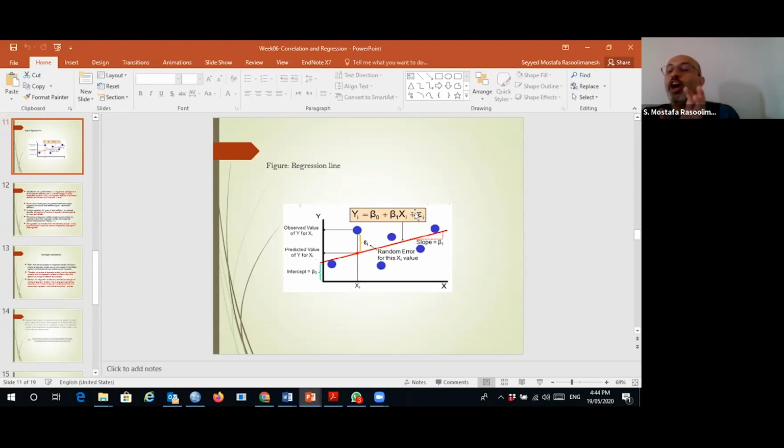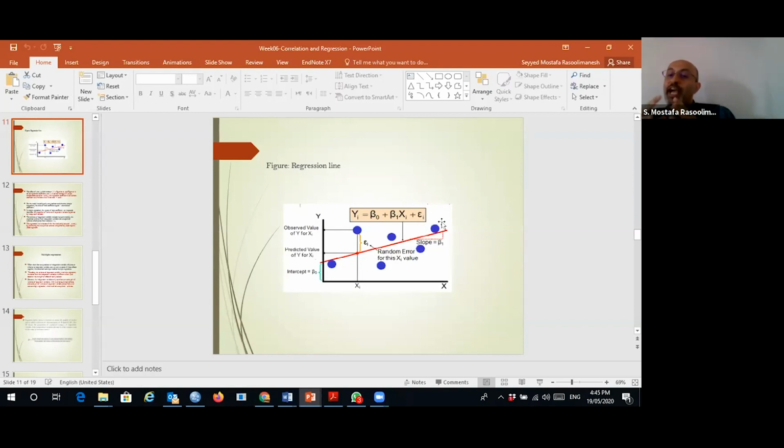So we have two parts of the variance of y. One comes from x and one comes from the error term. So R-square is the ratio of the variance from x, the explained variance by the independent variable, divided by the total variance: the variance from x and the variance from error.